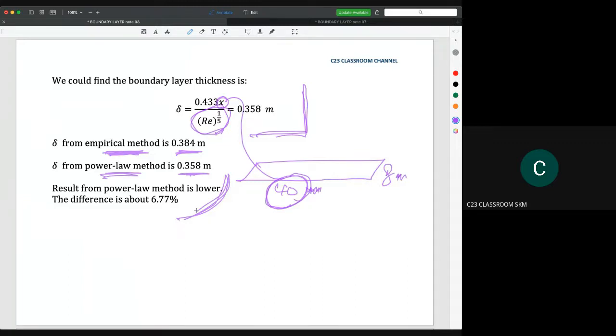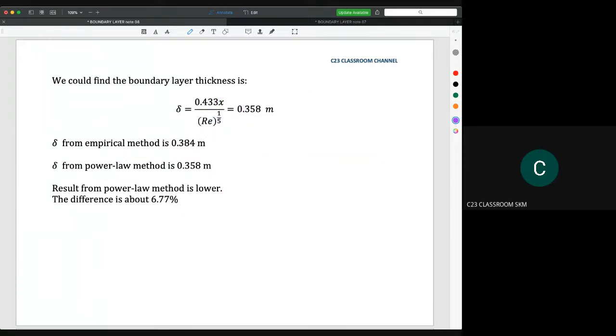So it maybe can be considered as a correct answer. Maybe the length and the speed are not too high and too long, so you will get almost the same considerable answer between empirical and power law. Both can be accepted, because it is only 3 centimeters difference.